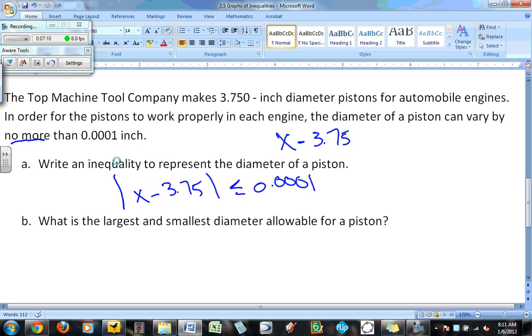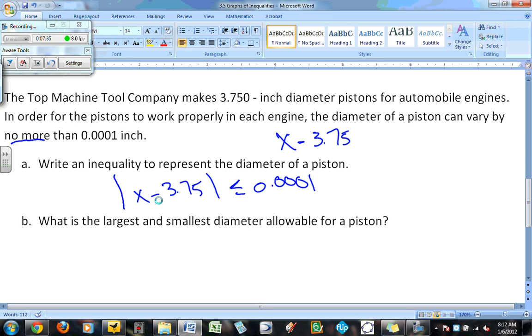The reason for that is, as I said, we could have a smaller piston than 3.75, and if we take a small number and subtract a bigger number, we get a negative. Obviously we can't have a negative size of a piston, so we take the absolute value, which makes it positive. So what is the largest and smallest diameter allowable for that piston?